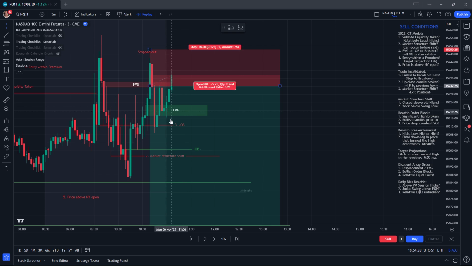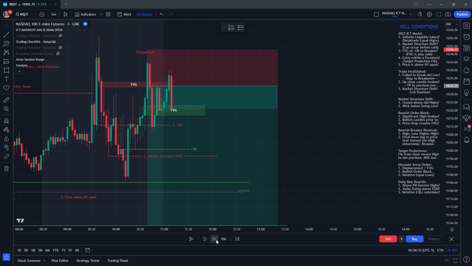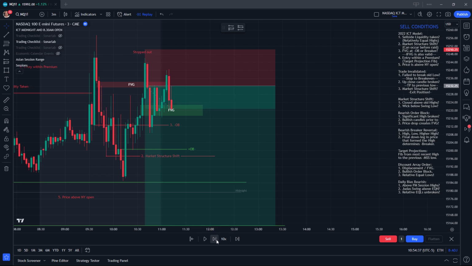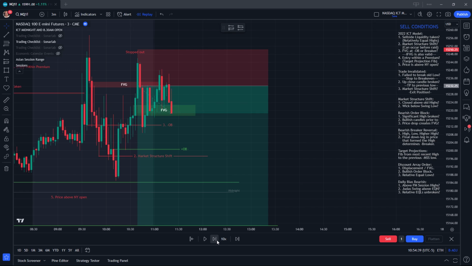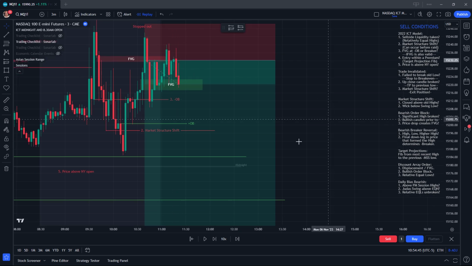So it's kind of going between these two fair value gaps. The price hangs around there a bit, it comes back up into the fair value gap again, so there's even a third opportunity to enter.